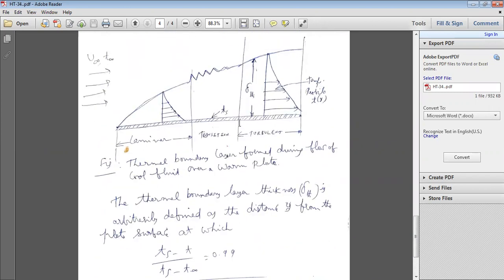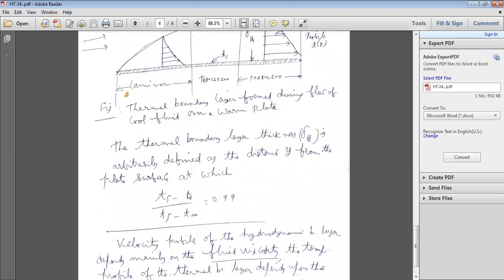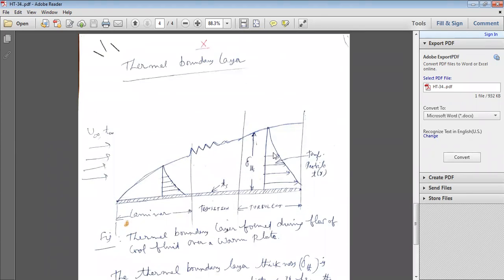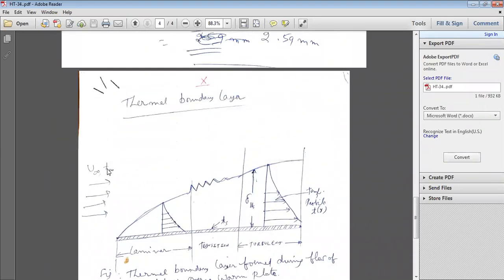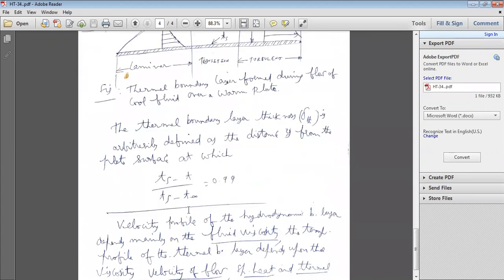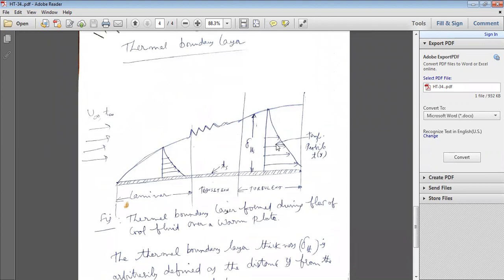Ts is the surface temperature. T is the temperature at any value of delta Th. T free stream is the temperature of the fluid. So whenever this value becomes 0.99, you will get the thermal boundary layer thickness in the y direction.